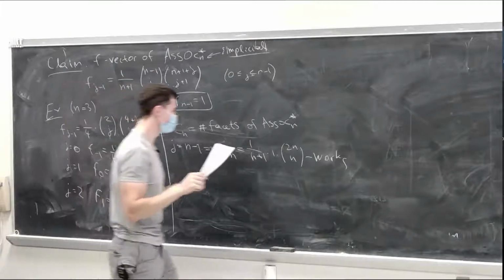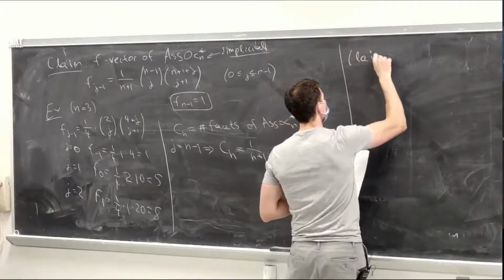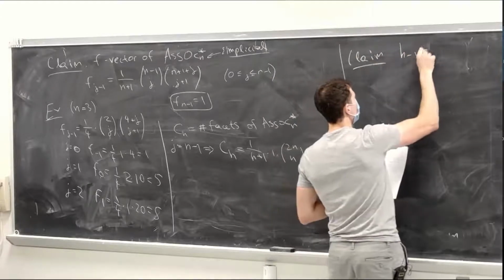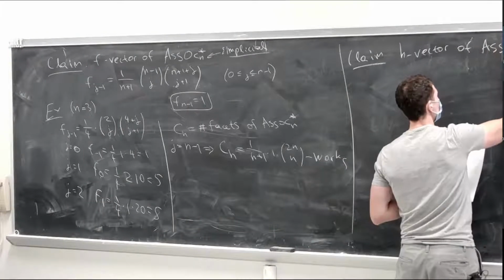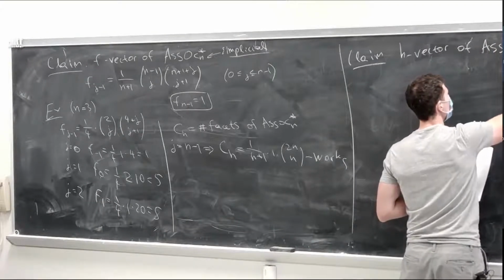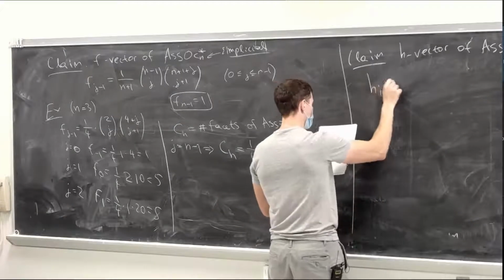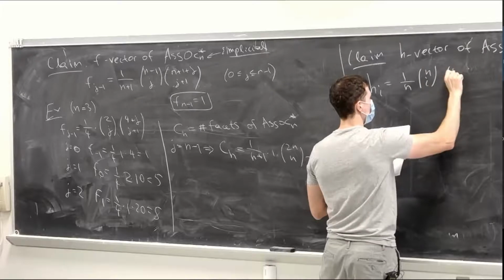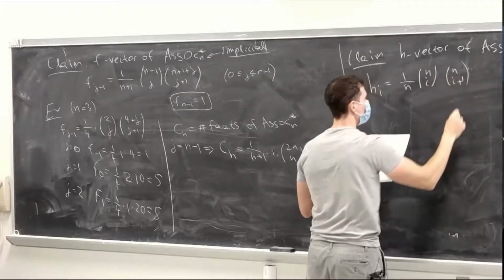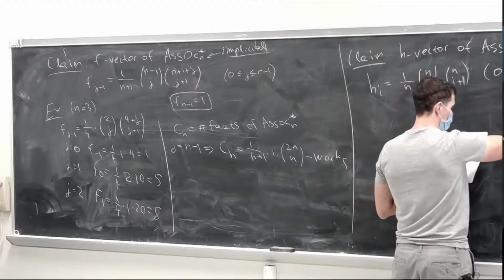So what is the h vector? The h vector of the dual associahedron is given by h sub i is 1 over n times n choose i times n choose i plus 1, for i from 0 to n minus 1.